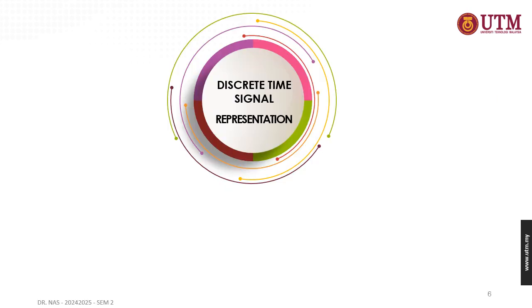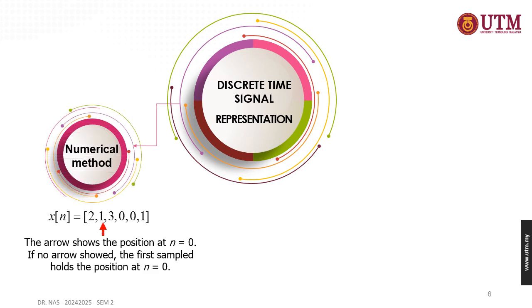Discrete time signal can be represented in two types. The first one is the numerical method, in which you can see the signal represented as a sequence. The values shown are not the bit, not the location, but the amplitude at a specific location. If there's an arrow, the arrow represents the n equal to 0 position.